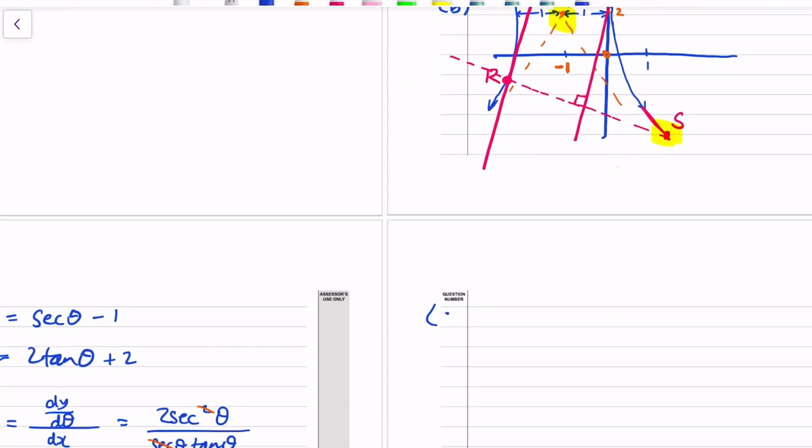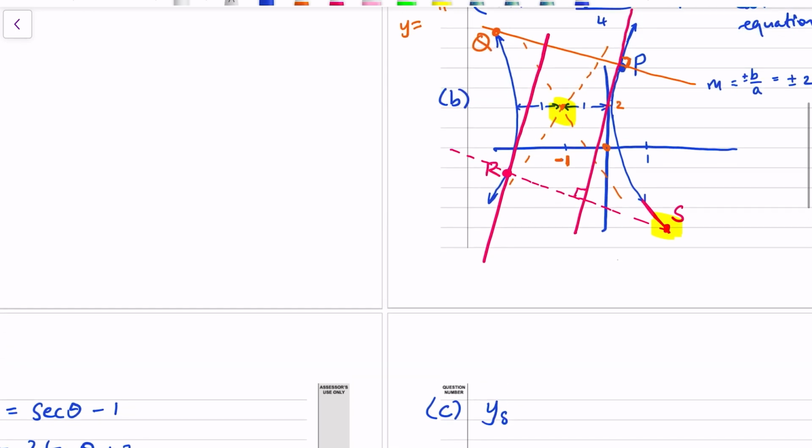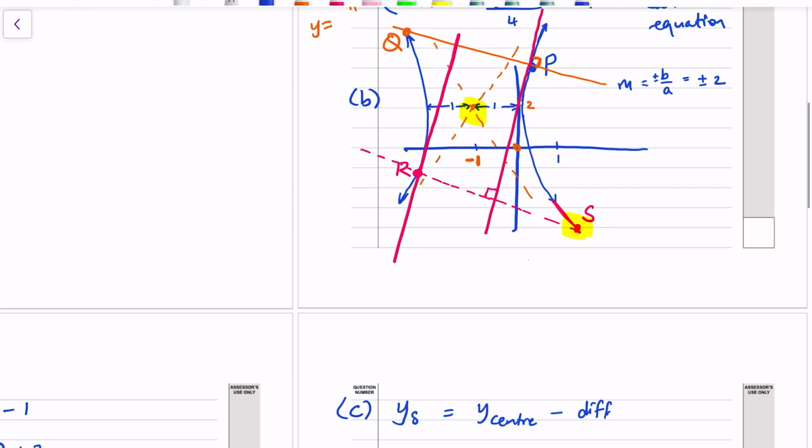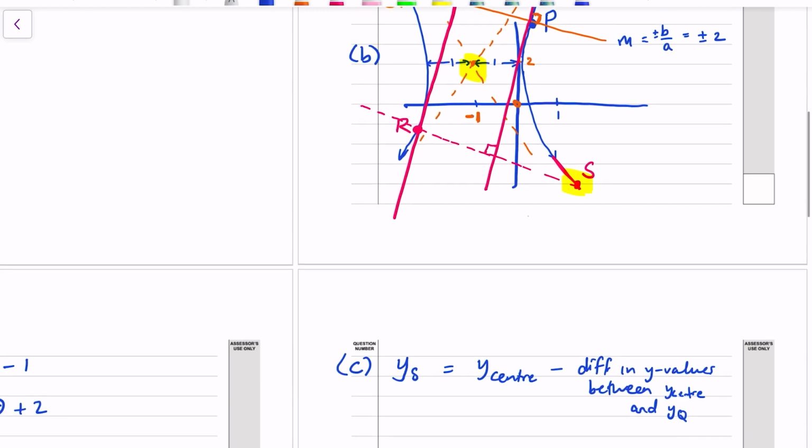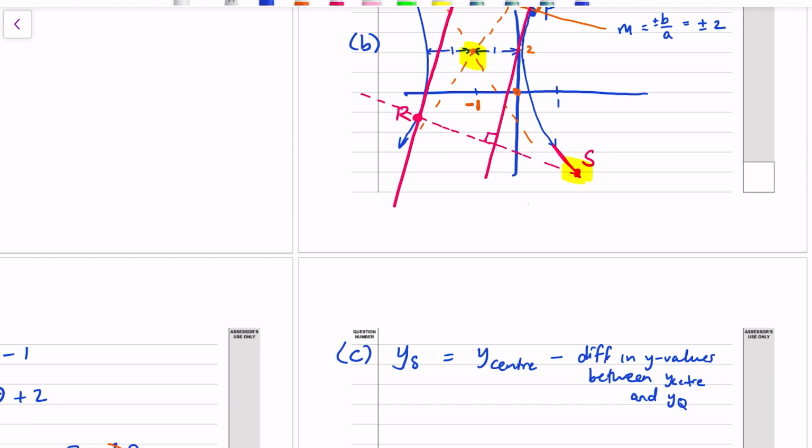Okay, so the Y value of S is equal to the Y value of the centre minus the difference in Y values between Y and the centre and the Y value of Q. Okay, so the Y value of Q is equal to 160 over 31, minus the Y value of the centre, which is 2.